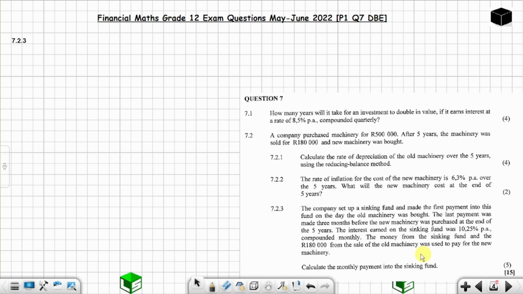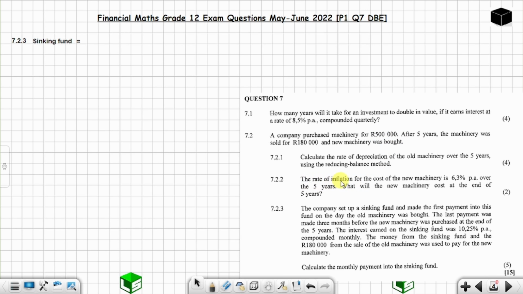The sinking fund is actually the extra amount of money that the company needs so that they can afford the new machinery. The new machinery does not cost 500,000 anymore. Because of the rate of inflation, the price went up. So the sinking fund is equal to the price of the new one, which is no longer 500,000.